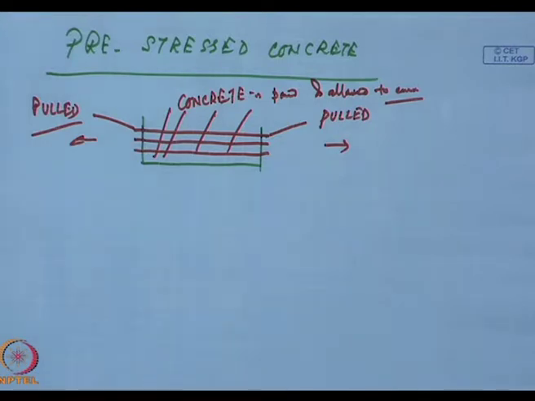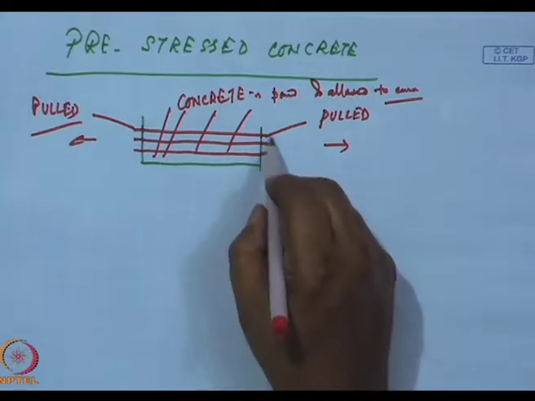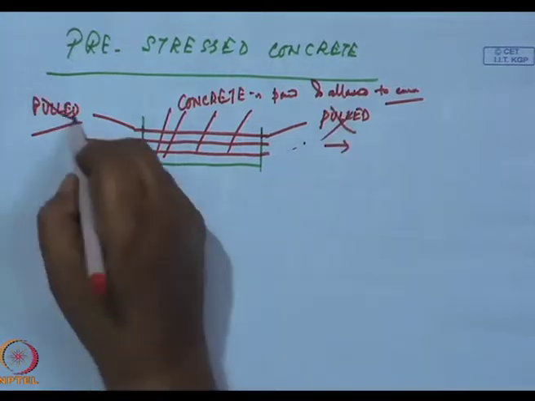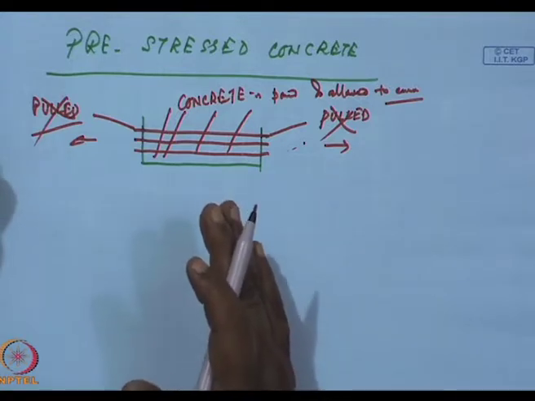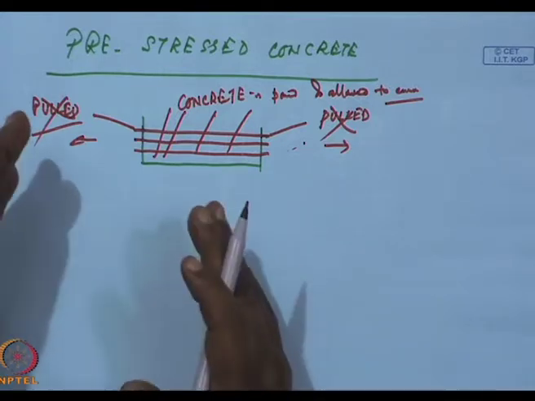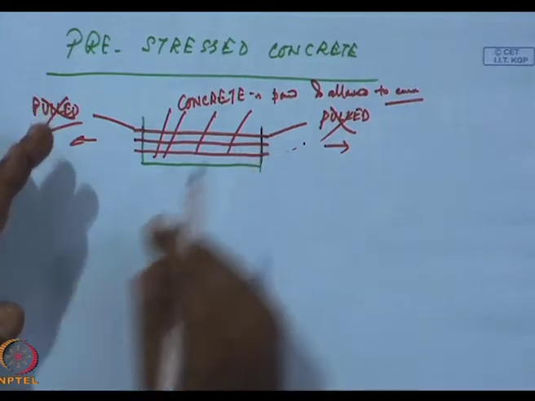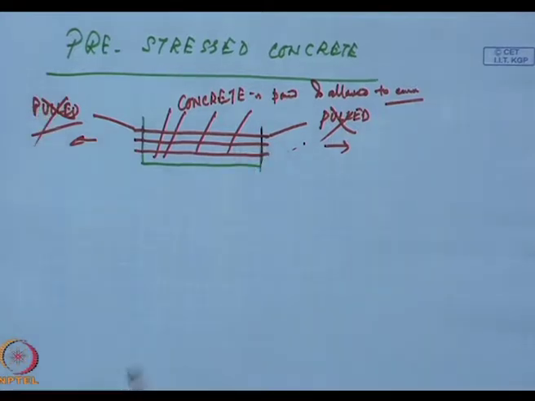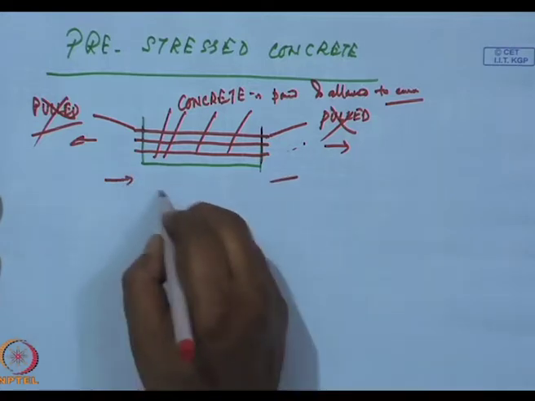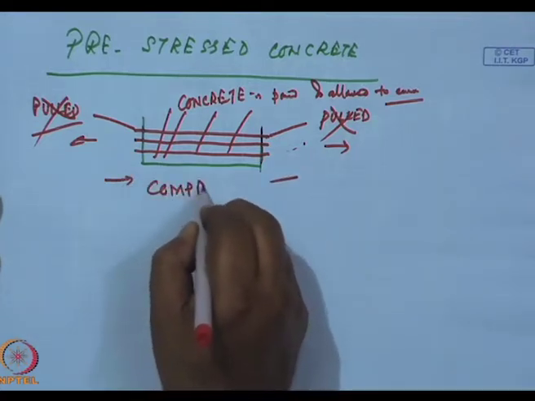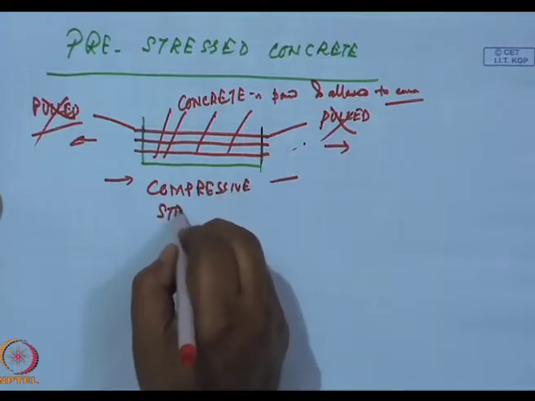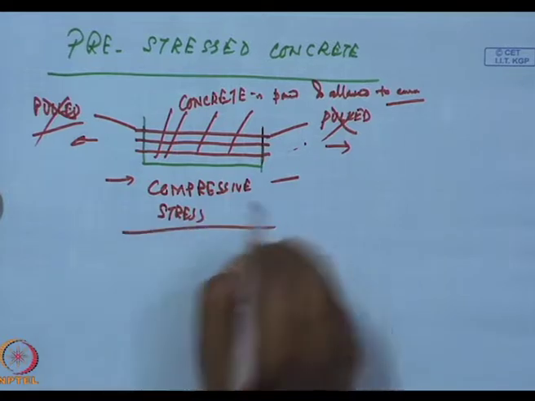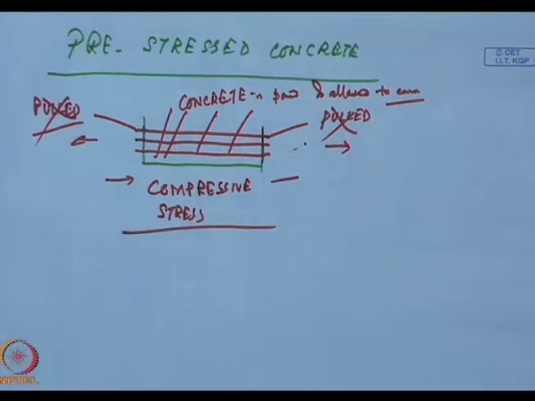What happens now? After curing, the pulling pressure is released. The rod tends to shrink, go back to its original state. But because it is embedded in the concrete, it imposes a compressive stress. What does this compressive stress do?